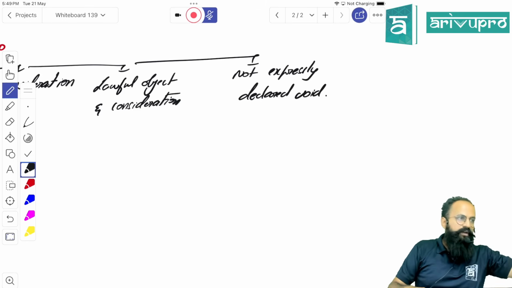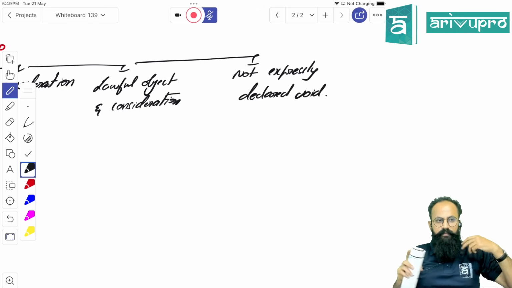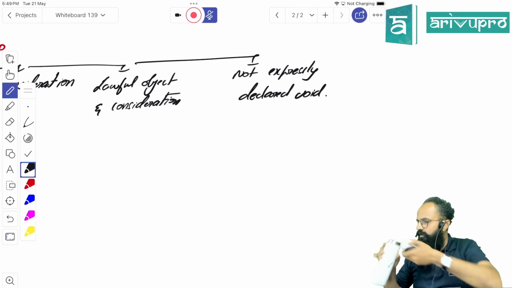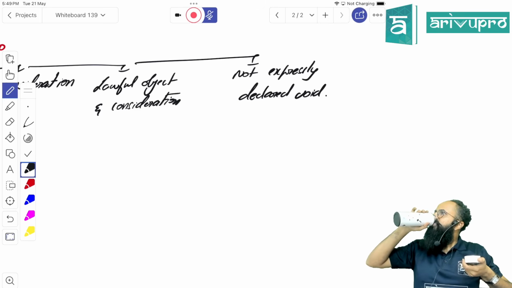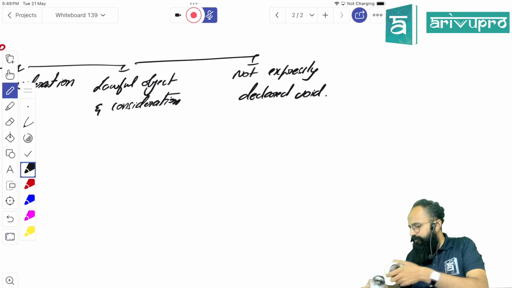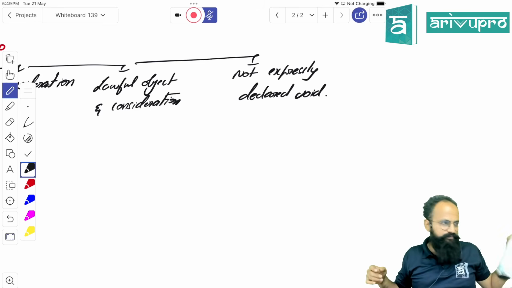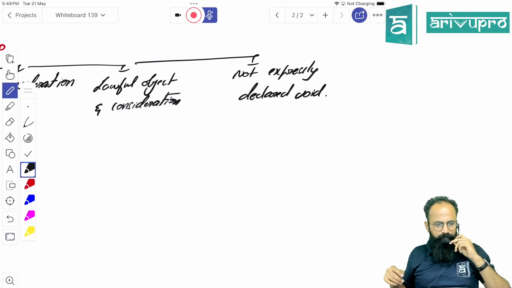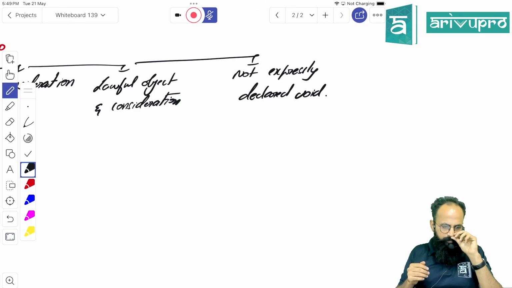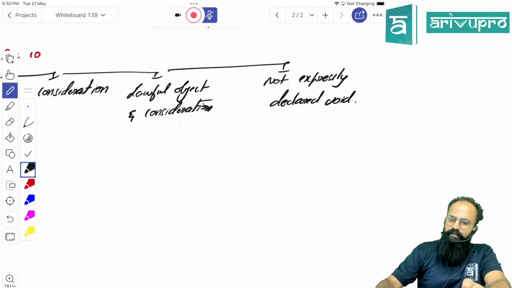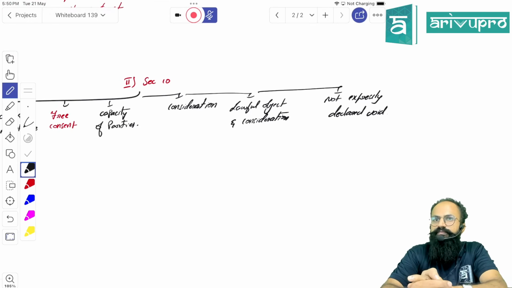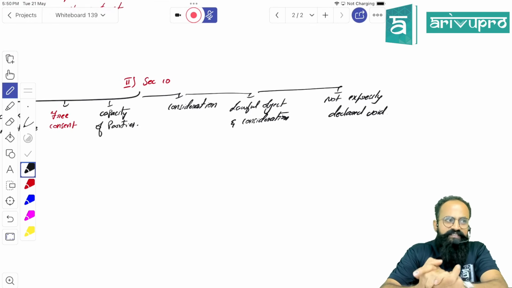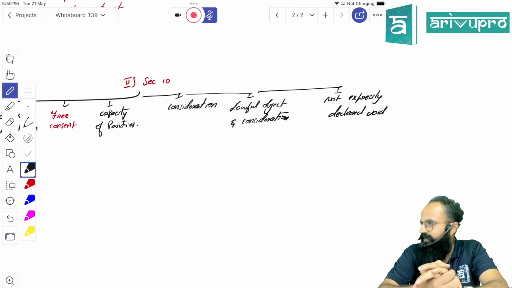Not expressly declared void. Copy down. Yes, sir. So these are the 6 conditions which are given under section 10.